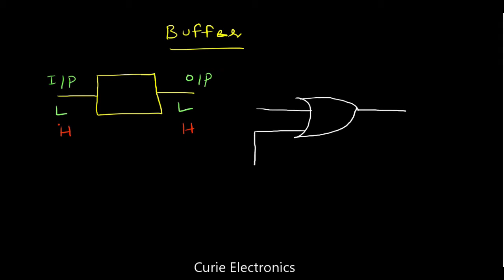One of the inputs of the XOR gate we have to connect to the ground or 0 volt, and the other input is A. To this A we are going to give high or low. That is, the input can change high or low. So now we have only one variable, A. The other input of the XOR gate is connected to ground, that is 0 volt. Then what is the output Y?